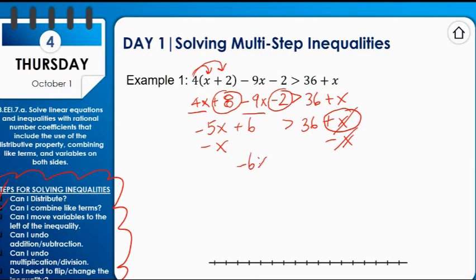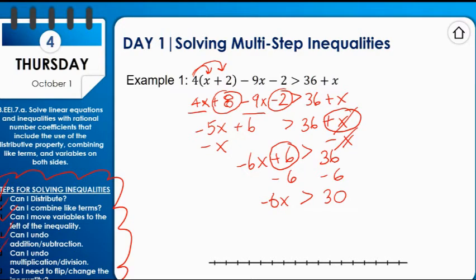Negative 5x, negative x become negative 6x plus 6 is greater than 36. So can I undo addition or subtraction? Positive 6. In order to move it, I subtract 6 from both sides. I have negative 6x is greater than positive 30.